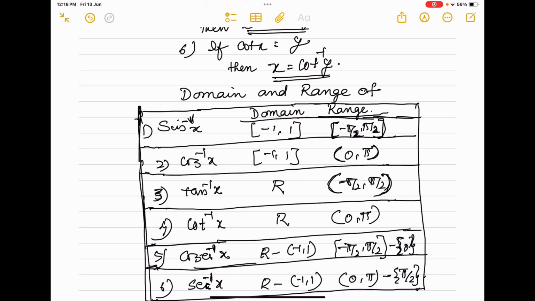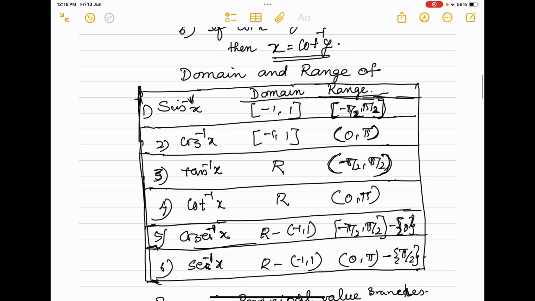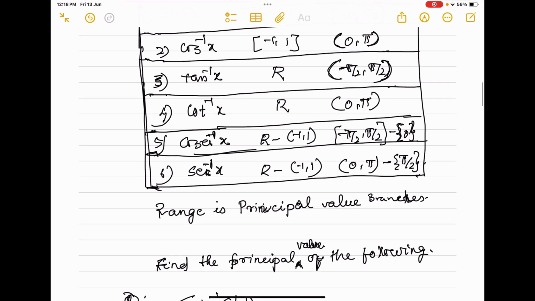Tan inverse x, domain is real numbers R, and range is the open interval negative pi by 2, pi by 2. Cot inverse x, domain is real numbers, and range is the open interval 0, pi. Cosec inverse x, domain is R minus the open interval negative 1, 1, and range is the closed interval negative pi by 2 to pi by 2 minus the set 0.